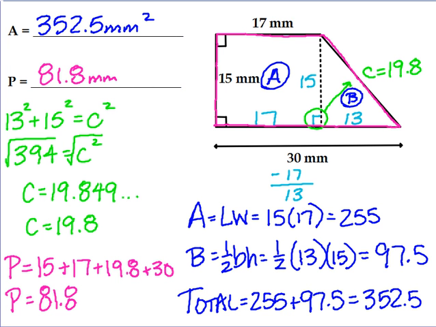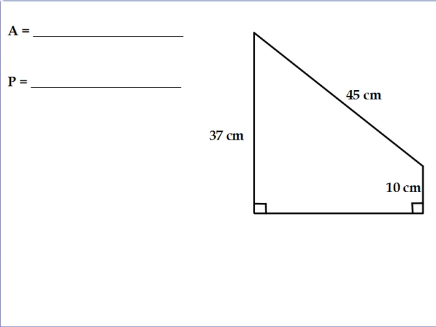So we're going to do one more like this. The only difference is this time it's not broken up for us. We have to do this separating ourselves. So I can see I can break this into a triangle and a rectangle again, and I'm just going to create this line straight across the bottom.